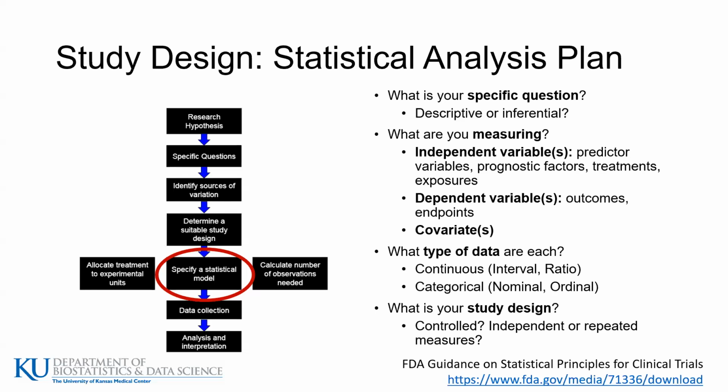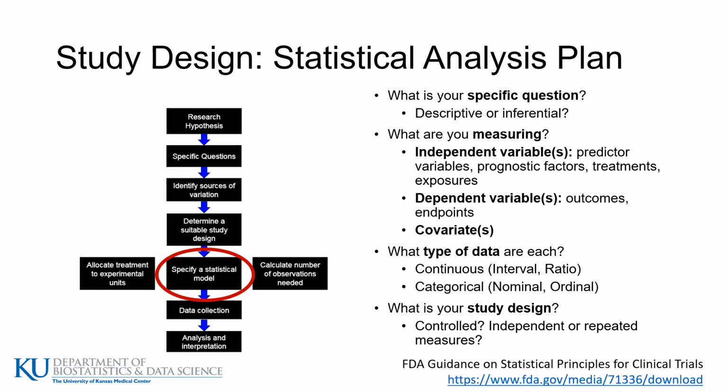And then you want to look at what you are measuring. So we have independent variables, which are what the investigators are manipulating, and then dependent variables, which are what outcomes we are interested in.